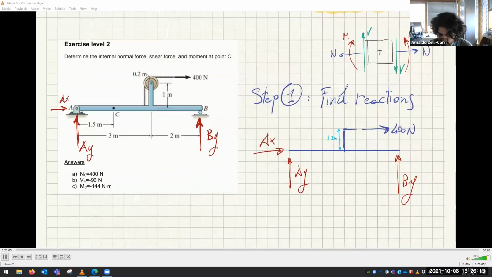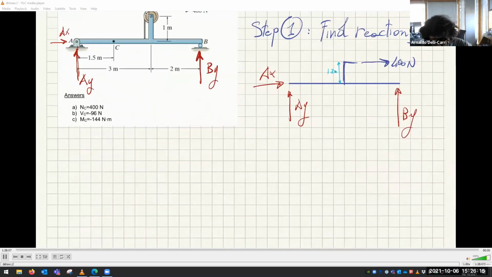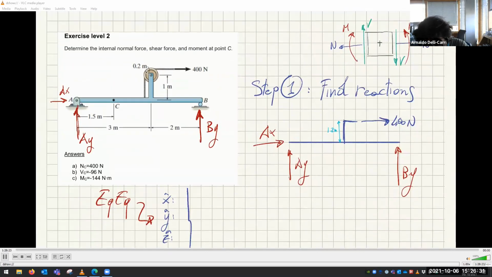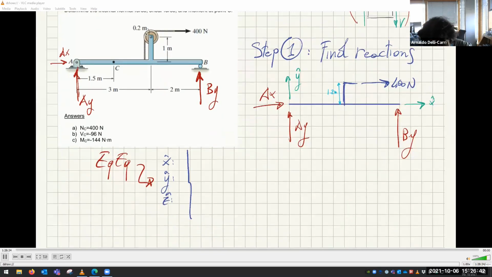All right, so let's do the equilibrium equations to find the reaction forces. We have along X, along Y, and around Z. I didn't specify what is X and what is Y, but this means we are just using the usual ones. Along X, we have AX plus 400 equals 0.